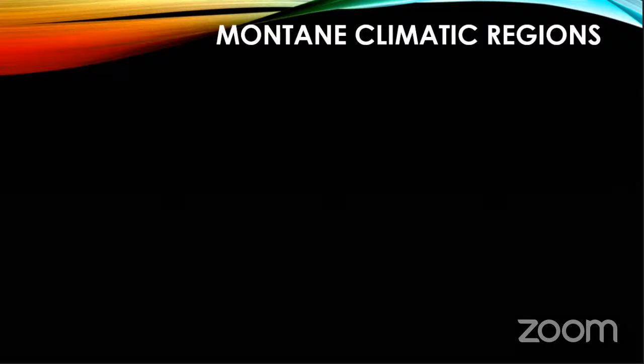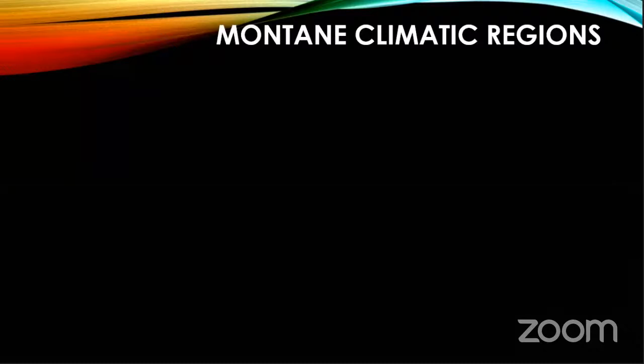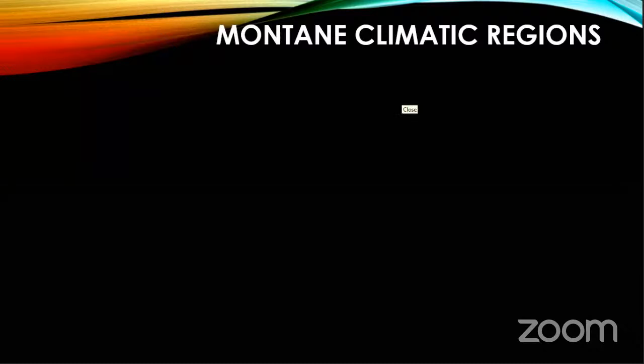Okay. So the montane climatic region. What do we know about the montane climatic region? Thank you, Mwesigwa. It is commonly found near mountains. Rashida, you have a question? Please ask. Okay.